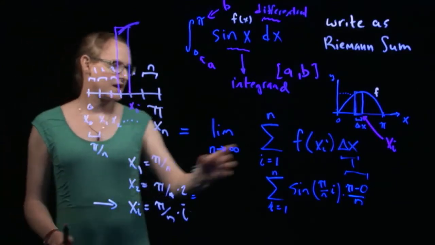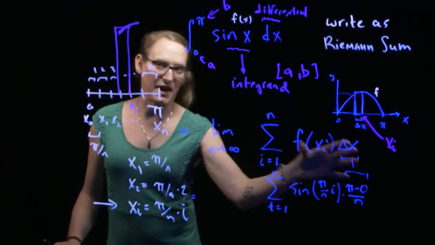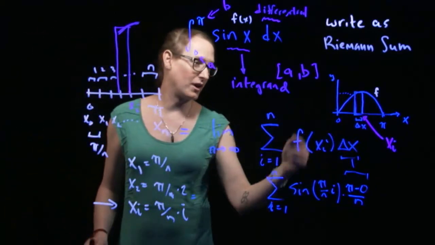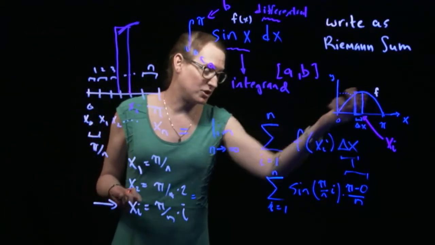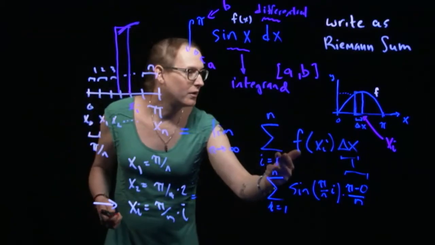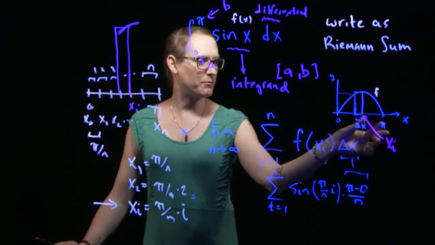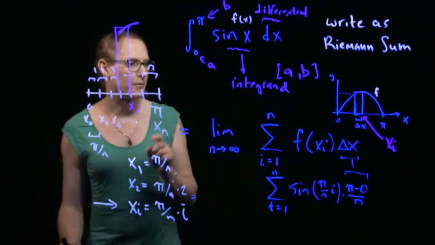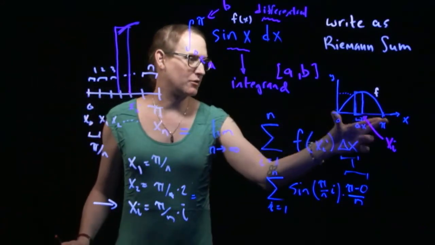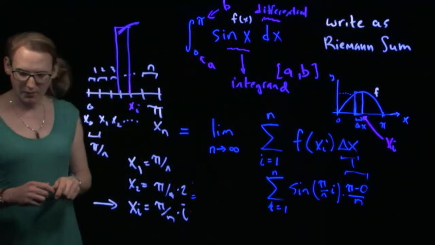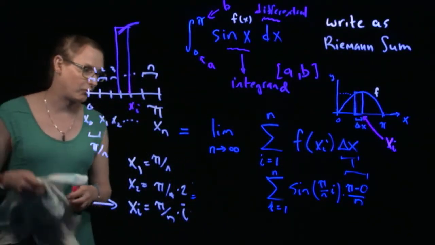So f of x sub i times delta x is the area of this rectangle. I've got a bunch of them next to each other, and I'm going to sum them up, and that approximates the area under the curve. And as I have infinitely many of these rectangles, the area in the rectangles converges to the curvy area that I seek to compute, but don't have a handy-dandy formula for.